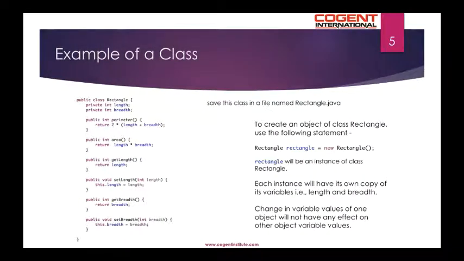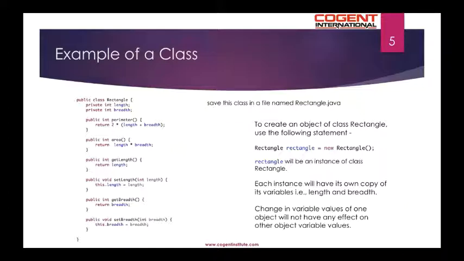Here's another example of a class, Rectangle, which has the instance variables length and breadth of type int, and methods perimeter, area, getLength, getBreadth, setBreadth. A class is just a template and it is not an object.